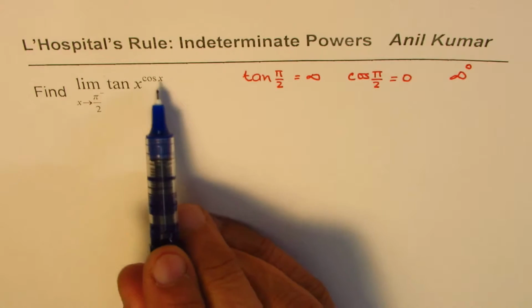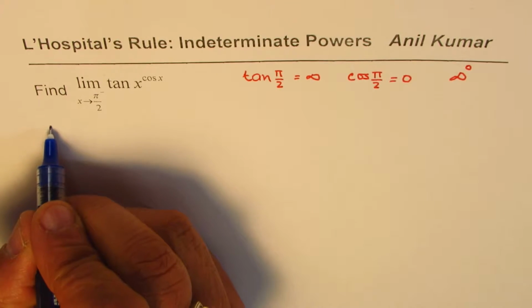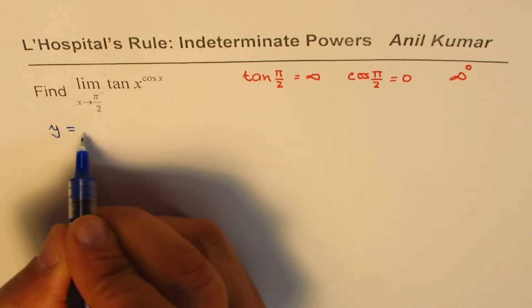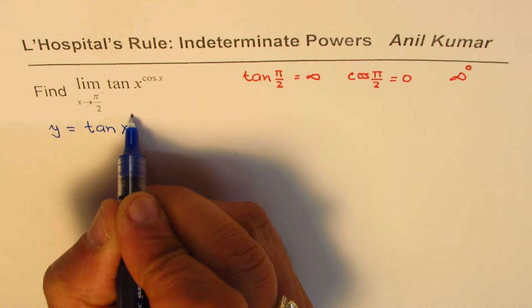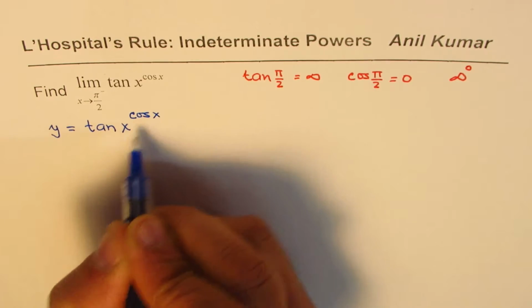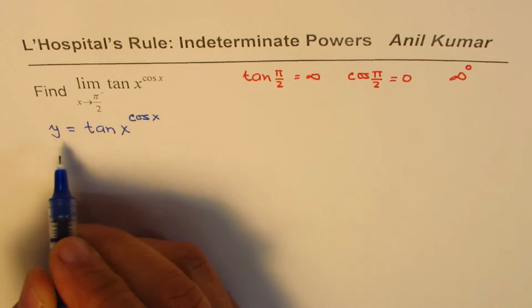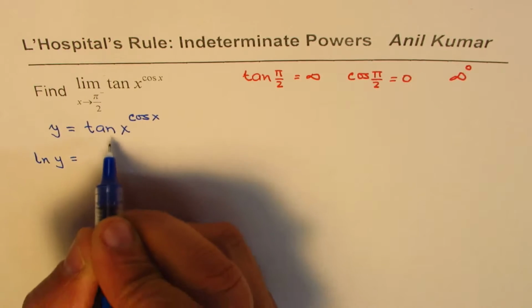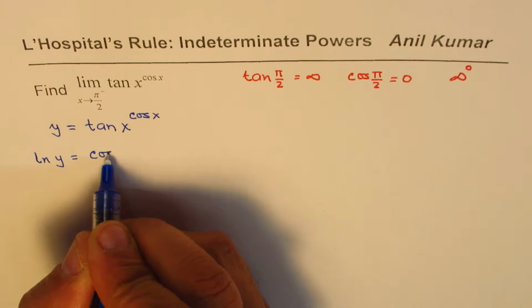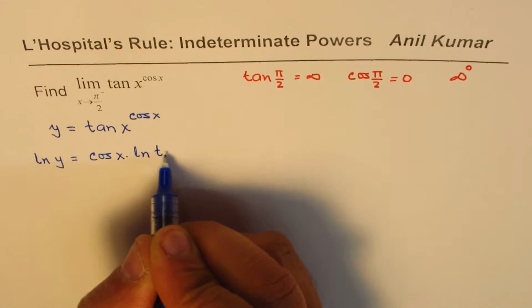I'll prefer to write this with y equals tan x to the power of cos x, and taking natural log on both sides, we get ln y equals cos of x times ln tan of x.